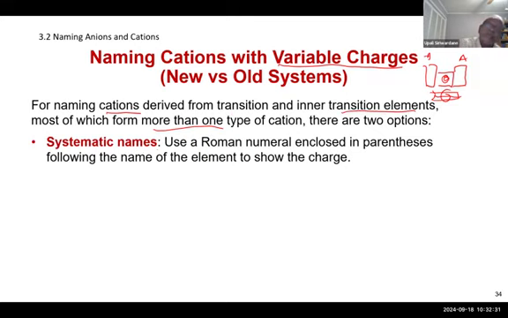So what you do is, after the name of the element, for example, iron 3 plus, and there is a possibility of 2, you write a parenthesis.